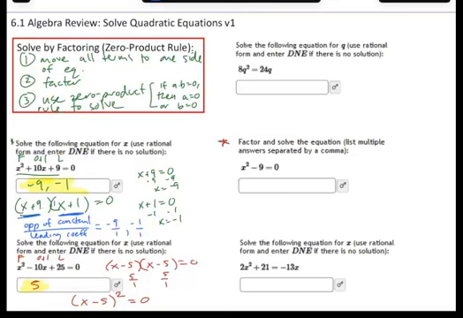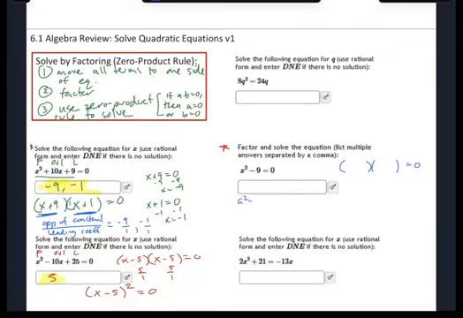I'll go through the second method in a moment, but I would probably approach this using a slightly different method. But if we are factoring this, you would recognize it fits the special factor form of the difference of two squares, which factors into the sum and difference of the terms being squared, right? A squared minus b squared factors into a plus b times a minus b.